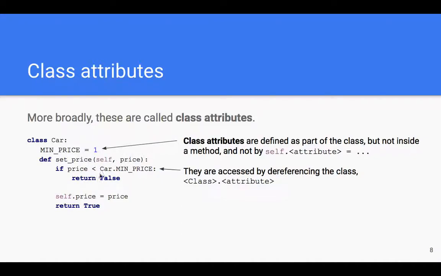Because they're not inside any sort of method, we don't create them by self dot attribute, right? Those are instance attributes. That's why they are class attributes. Again, they're part of the class, not inside a method, not created through an instance. And they are accessed, like we've already seen, by dereferencing the class dot the name of the attribute.